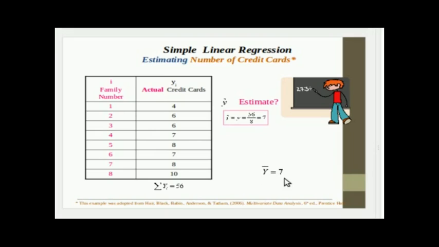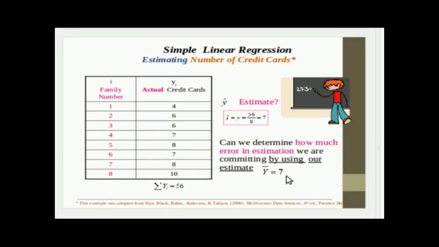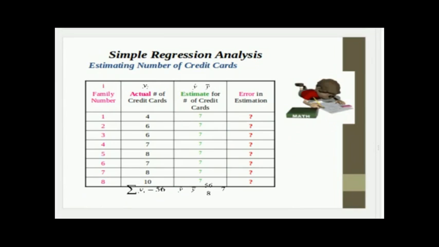Next, can we determine how much error in estimation we are committing by using our estimation? We will see that on the next slide. To calculate the error in estimation, we subtract the estimate for the number of credit cards, that is 7, from each value of the actual number of credit cards.